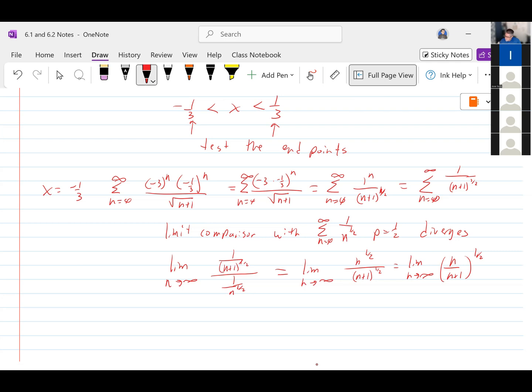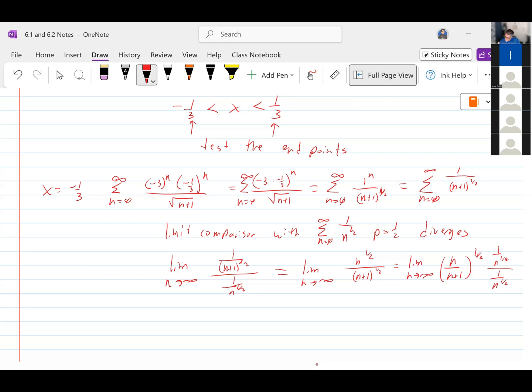Okay, again, I could multiply both top and bottom by 1 over n to the 1/2, all over 1 over n to the 1/2. Okay, and I could bring that inside.